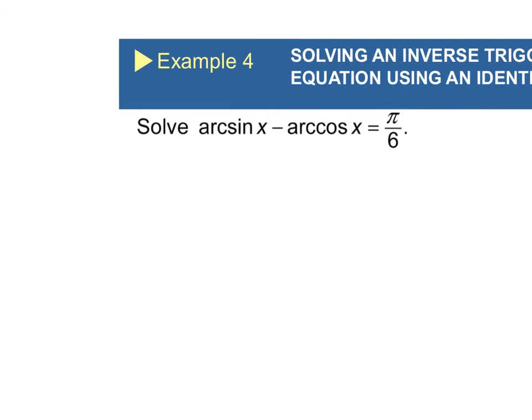Let me isolate, move this arc function over on this side. So that will give me the arc sine of x equals pi over 6 plus an arc cosine of x. The only thing I can see on the left is maybe to sine it.